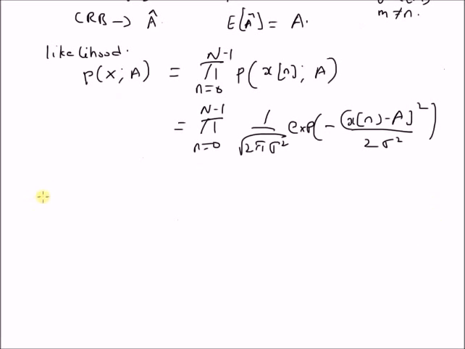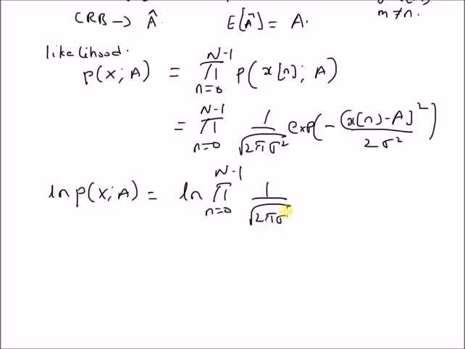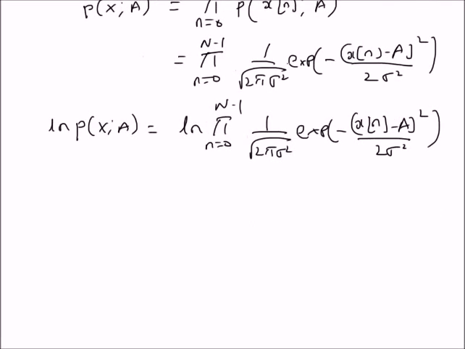Now the log likelihood function is defined as the logarithm of the likelihood function, which is equal to the logarithm of the product, n = 0 to N-1, of 1 by square root of 2 pi sigma squared, exponential of minus (x[n] minus A) whole squared divided by 2 sigma squared. So this is the log likelihood function.